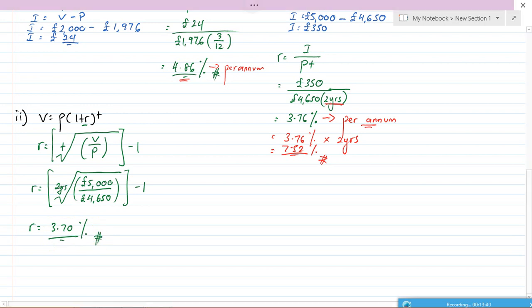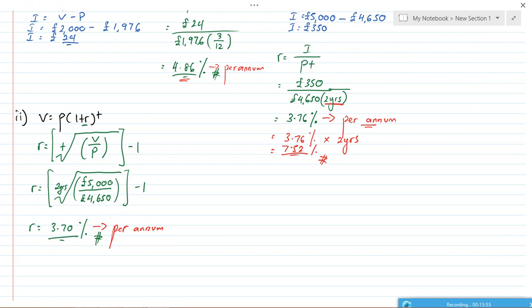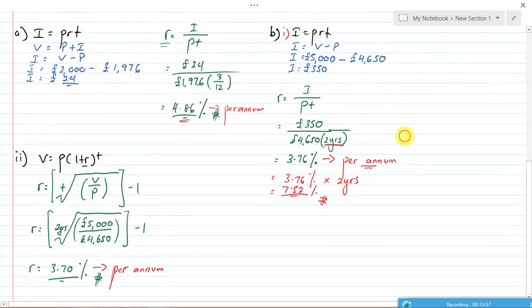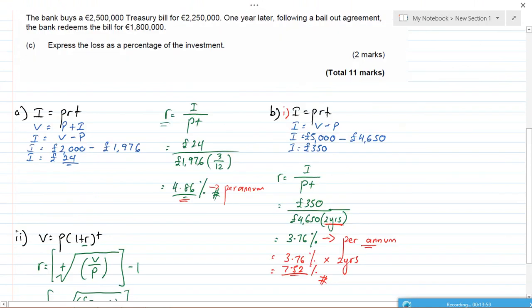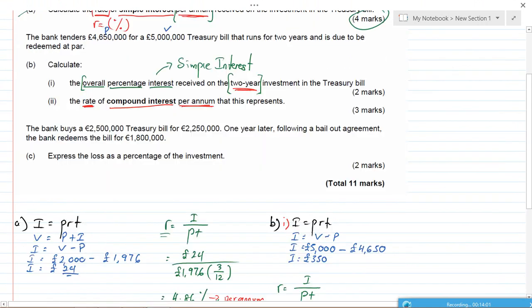They're asking for per annum, so shouldn't have any problem. So that's going to be the final answer, per annum. So that's the working, using compound interest. We are done with these two.